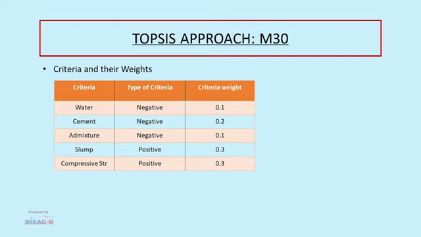And accordingly, with the importance of different parameters, we have given them weights. Here we can see that the slump value and the concrete compressive strength have the higher weights, higher importance as compared to the other factors.